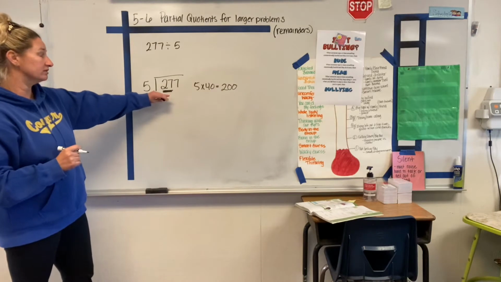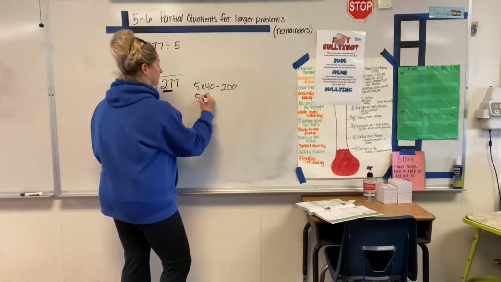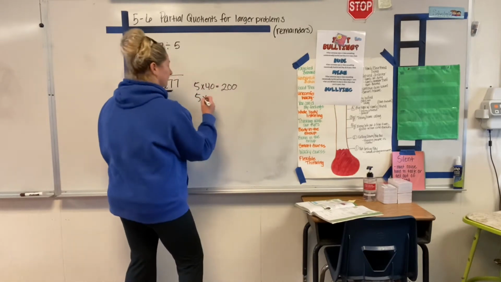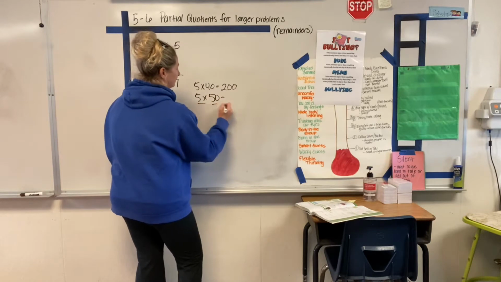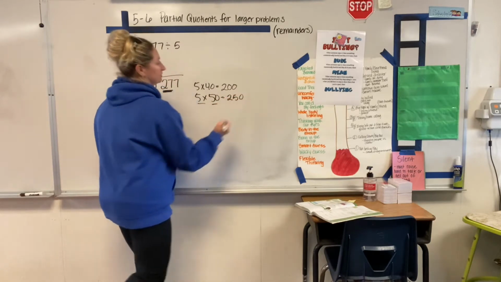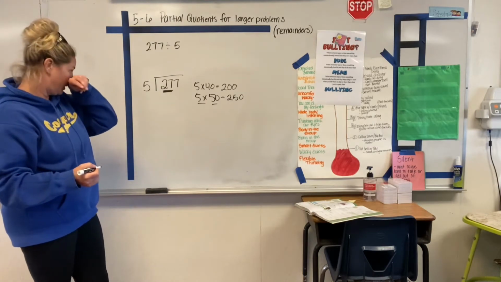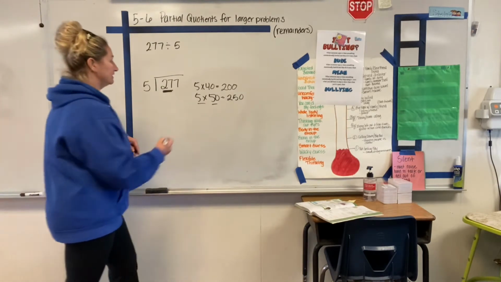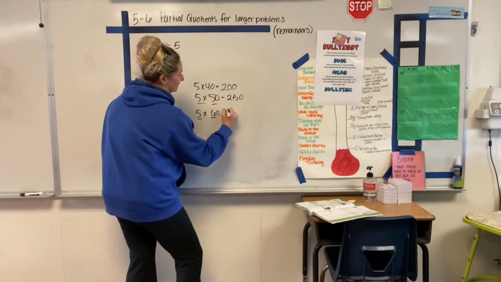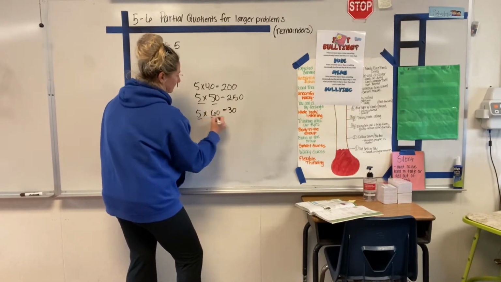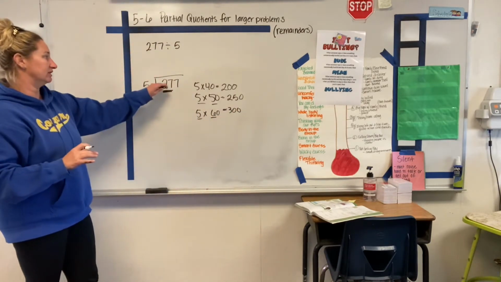So that's close, but maybe I could go a little bit more. Let's try 5 times 50. 5 times 5 is 25, add the 0, so 250. Well, that's closer. Let's try 5 times 60. 5 times 6 is 30, and I add another 0, 300. That's too much.